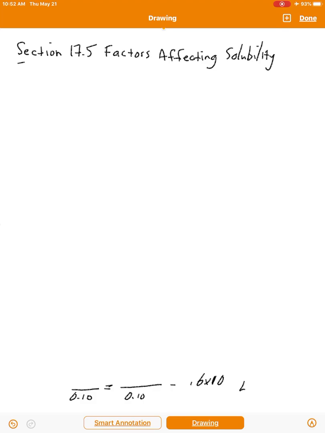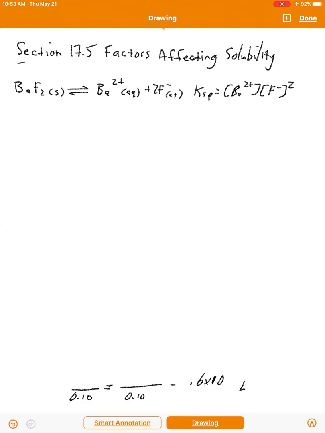And that would be, for example, suppose we take the salt barium fluoride and try to dissolve that one. Barium and 2 fluorides. So our Ksp would be the concentration of barium times the concentration of fluoride squared, right?